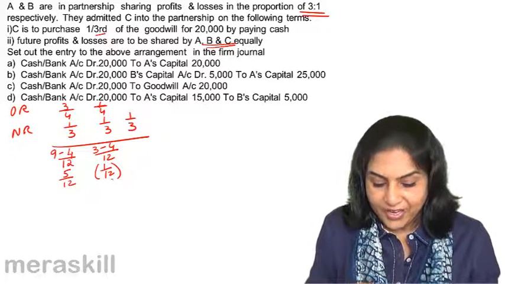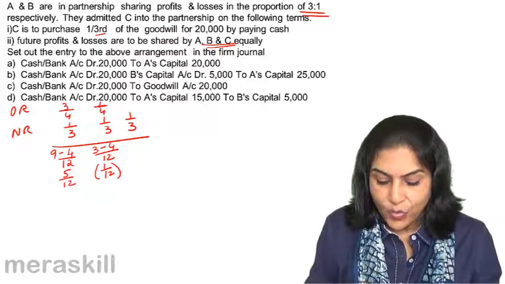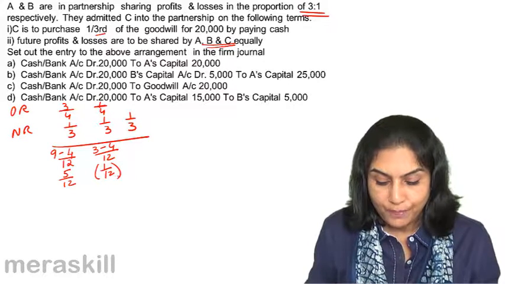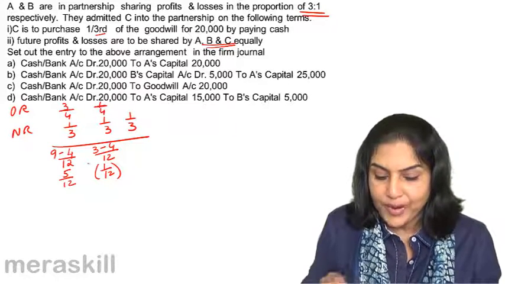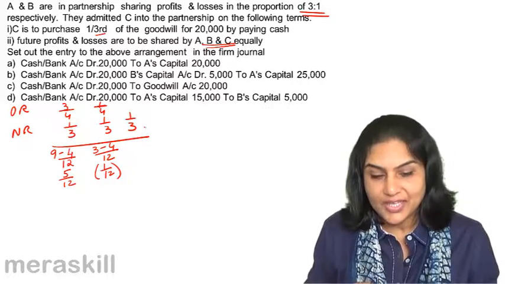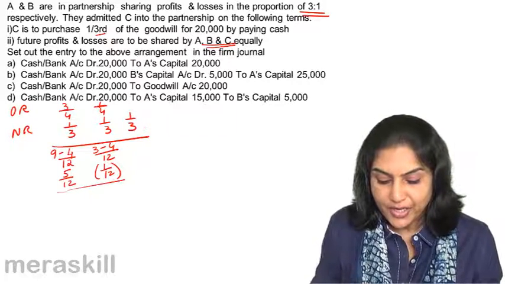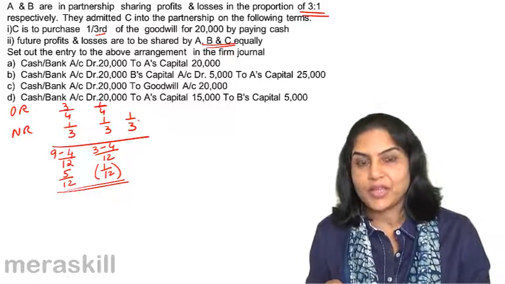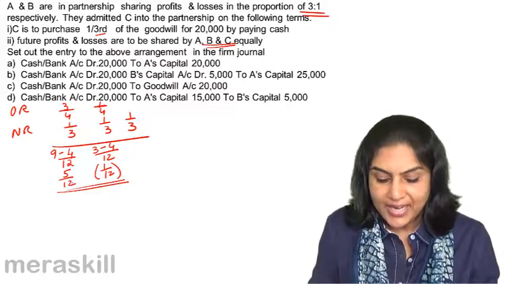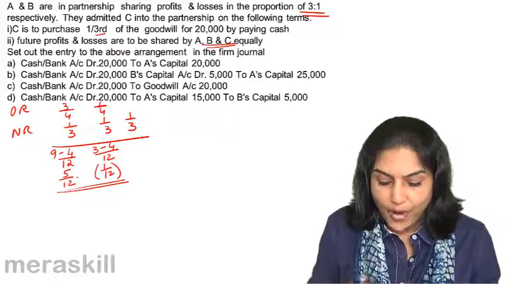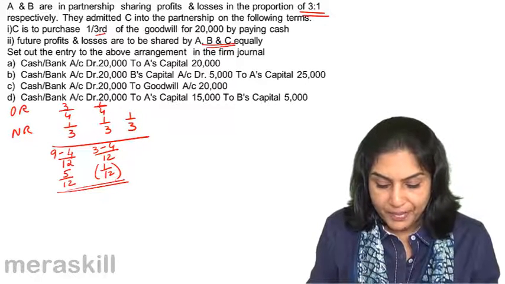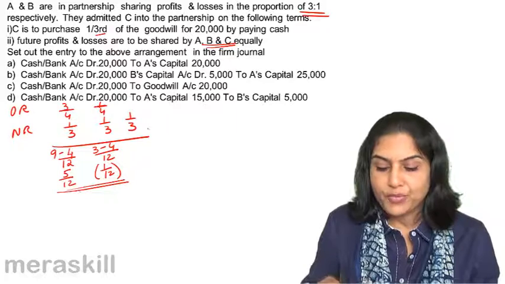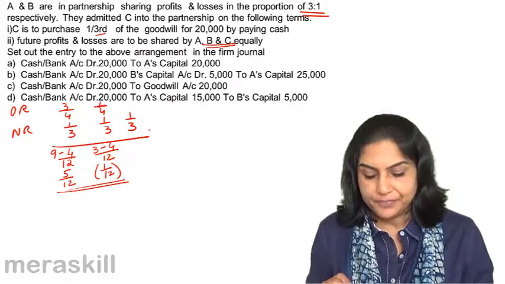So A sacrifices 5/12. 1/12 of this goes to B, and 4/12 has actually gone to C. That is how this profit sharing ratio has come about. The new profit sharing ratio of one-third, one-third, one-third means A has sacrificed 5/12, 1/12 of it to B, and 4/12 of it to C.